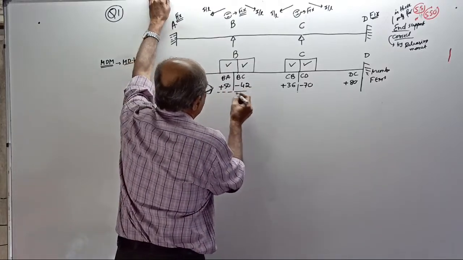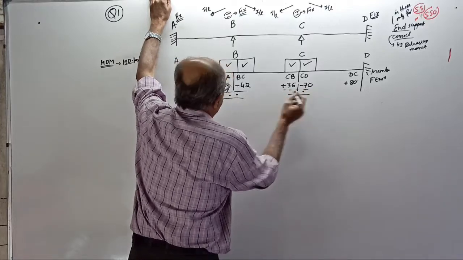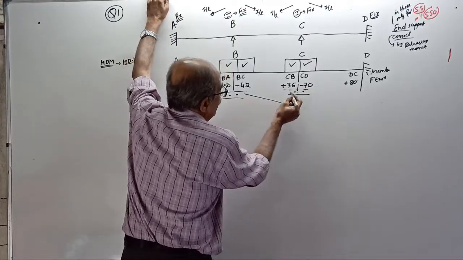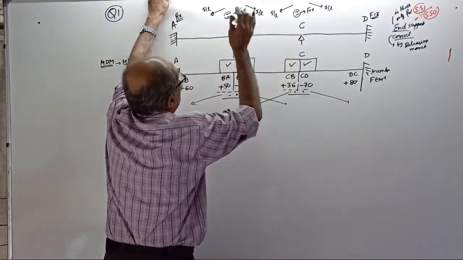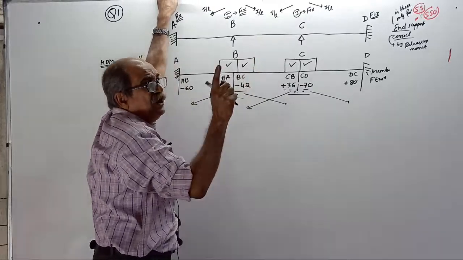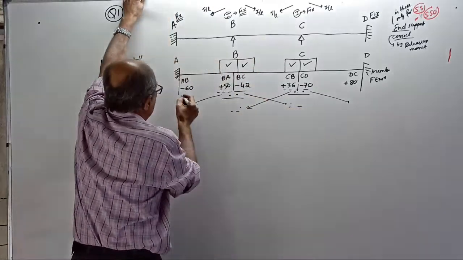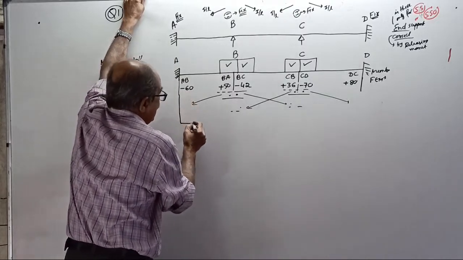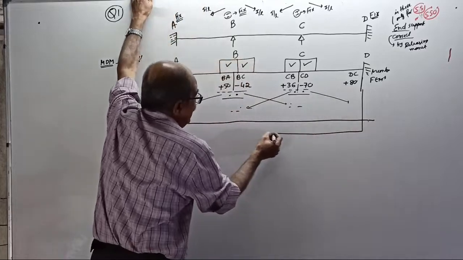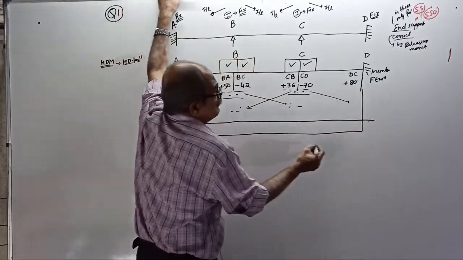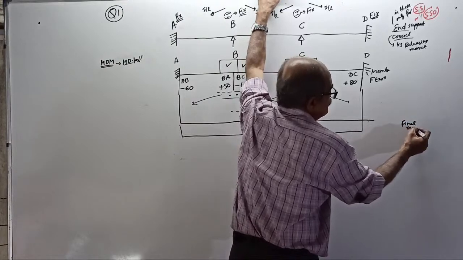Add the two values, distribute, add the two values, distribute, carry over. Wherever I by L is there, carry over is there. Again distribute, and so on. That way complete the question, add everything, and you get the final moment.